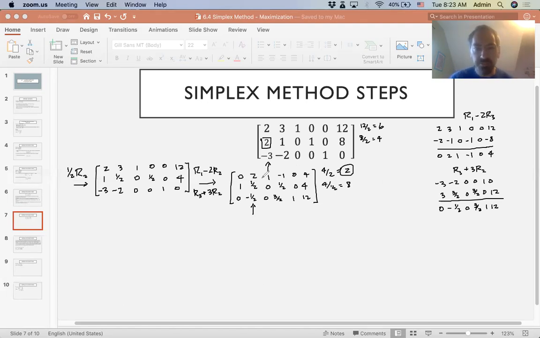Okay, so this entry will be our pivot. Right? So we want that 2 to become a 1. So we will multiply row 1 by 1/2, or divide row 1 by 2. That's 0, 1, 1/2, negative 1/2, 0, and 2. Everything else stays the same.